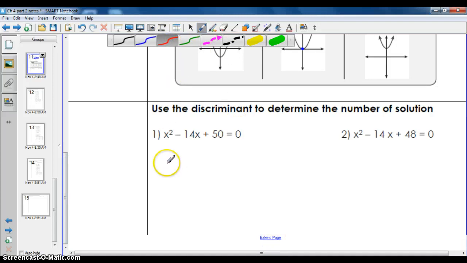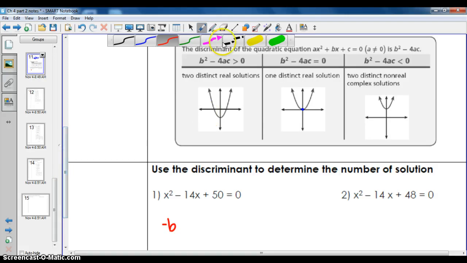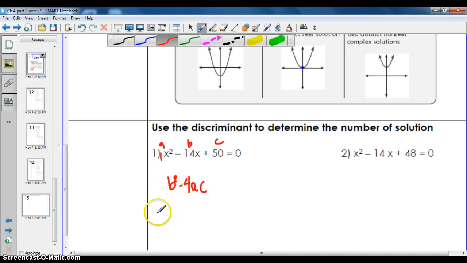So again, what's under the radical is b squared, not negative b, starting out the formula, is b squared minus 4ac. B squared minus 4ac. So first step, label A, which is 1, B and C. So what we would have here is negative 14 squared minus 4 times 1 times 50.